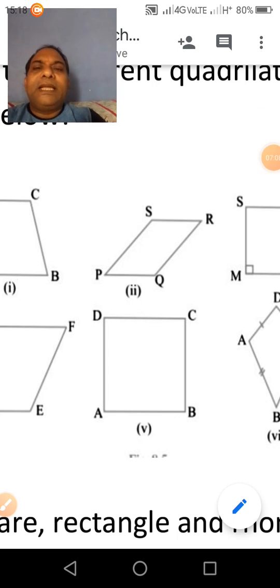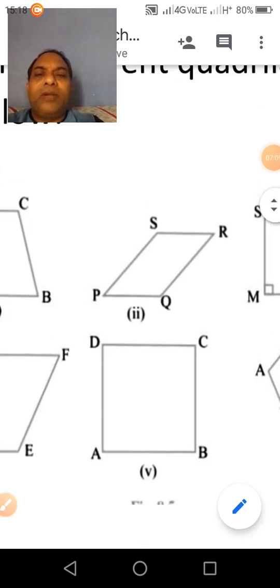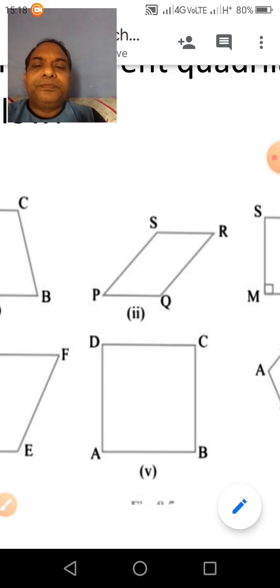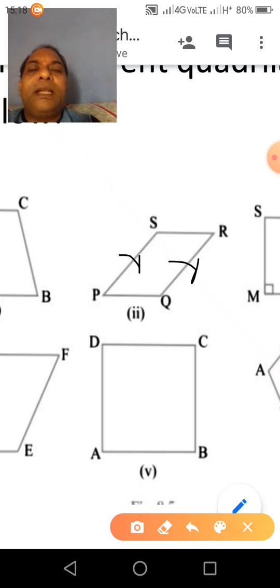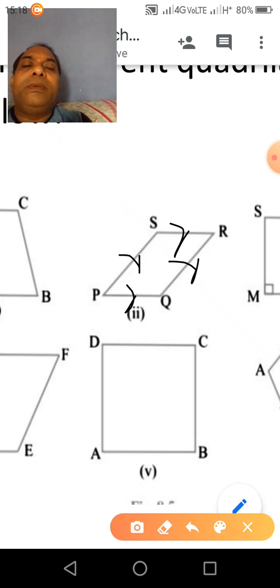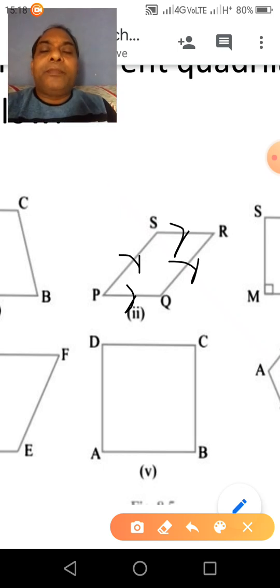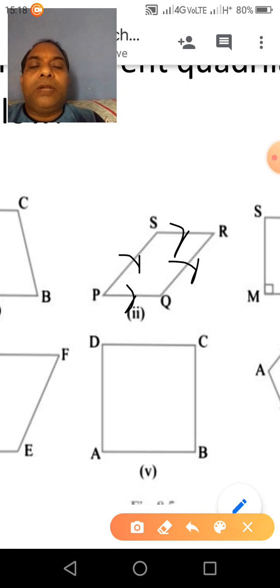So in parallelogram, PS will be equal to QR and PS will be parallel to QR, and PQ will be equal to SR and PQ will be parallel to SR, means pair of opposite sides are equal and parallel in parallelogram.